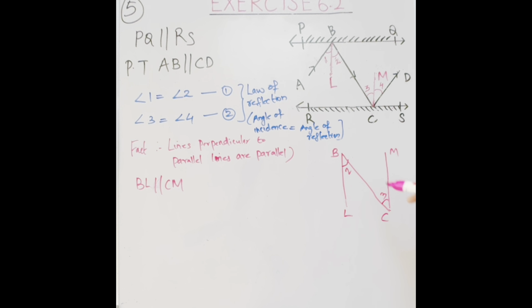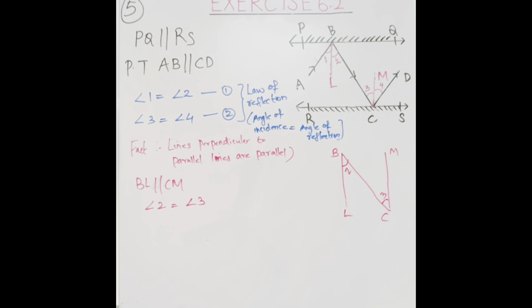We have stated that BL is parallel to CM. So what can we say about these two angles, angle 2 and angle 3? Yes, angle 2 and angle 3 are interior angles, which are alternate interior angles. And we have learned that when two parallel lines are cut by a transversal, alternate interior angles are equal. So we can say that angle 2 is equal to angle 3.